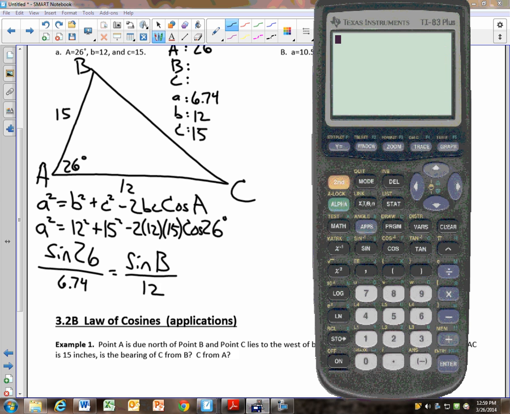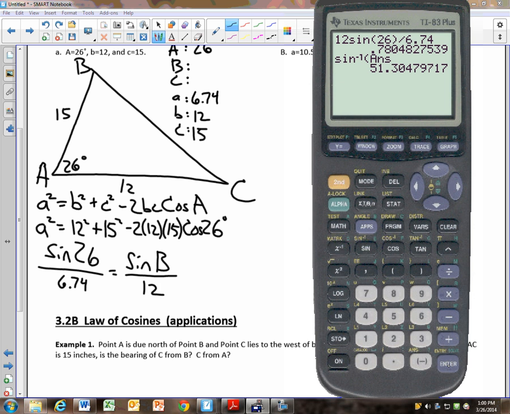Because if there is an obtuse one, it's angle C. But type it in, 12 times the sine of 26 divided by 6.74. Is that my answer? No. What do I have to do? Sine inverse, why? Because I'm solving for an angle. Yep. Sine inverse of your answer, 51.3.